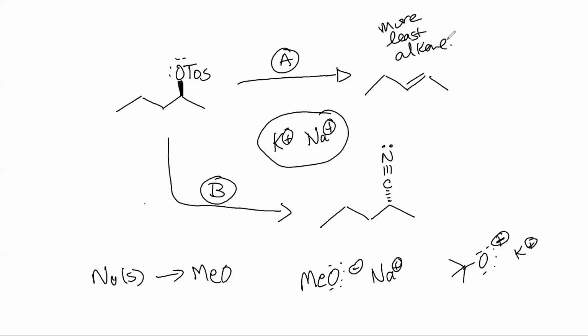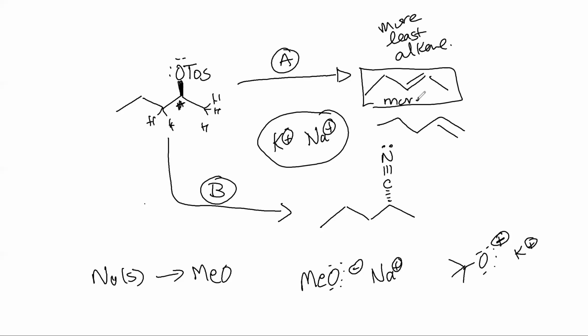Right, here's our leaving group. I'll put a little star on it. Remember, protons are being removed from the carbons next door. So the two possible products would have been this one and this one. For version A, we've got the more substituted alkene, and so to generate the more substituted alkene, you'd need a smaller base, right?